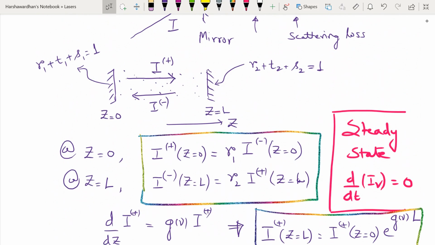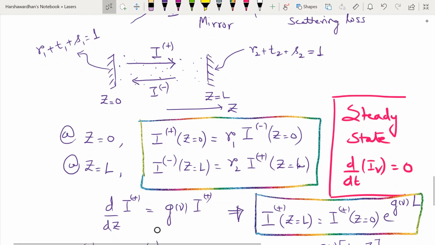So what I'm going to undertake now is this task. I begin at, let's say, this point at mirror number 1, right? And I go across and get reflected and come back to the same location.